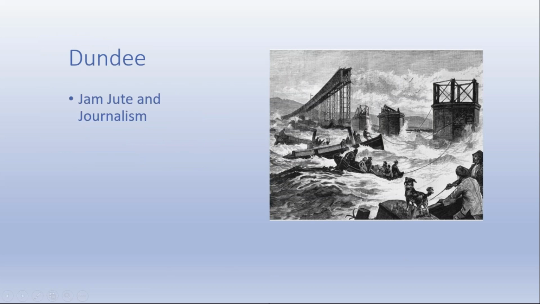Dundee, the University of Dundee. Dundee is known for jam, jute and journalism, and so anything to do with those three industries, the records are at the University of Dundee. Records to do with the Tay Bridge disaster are available there as well.